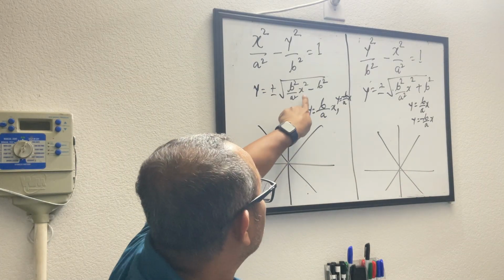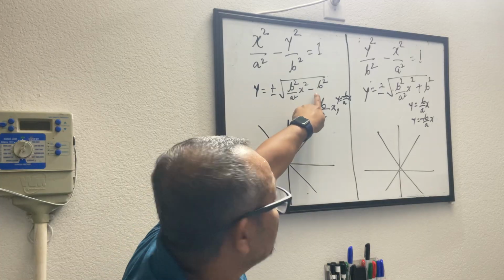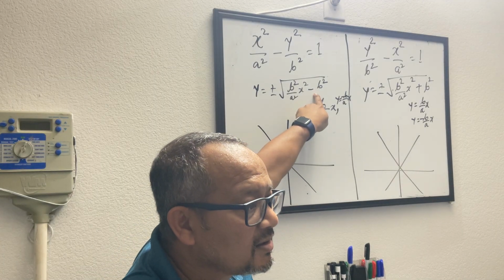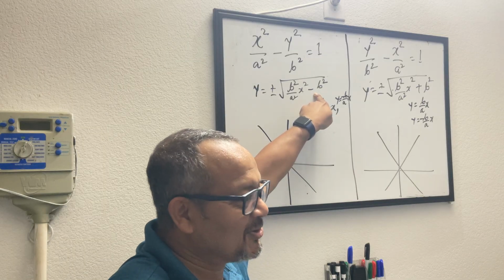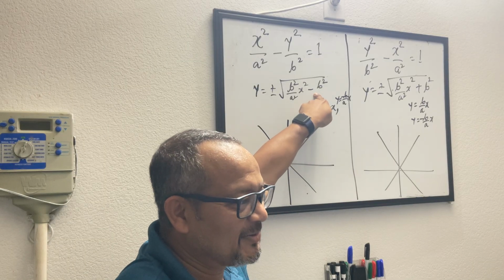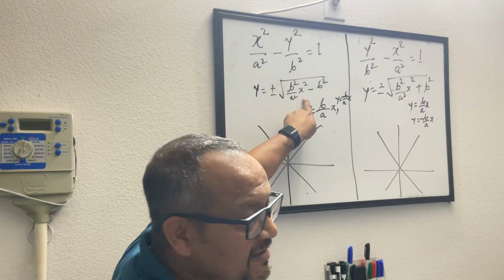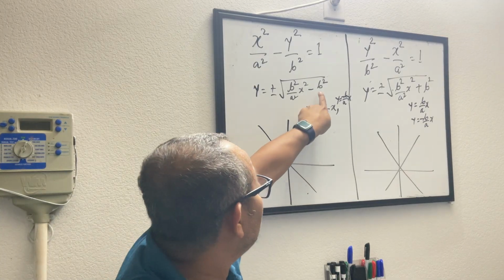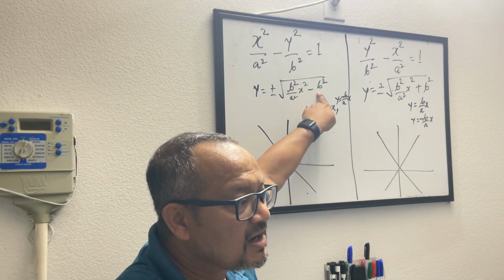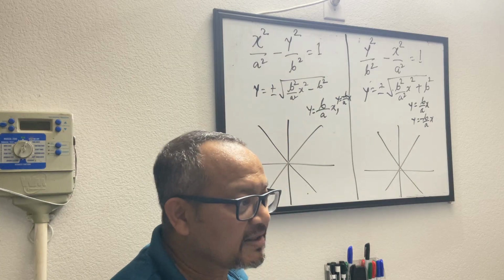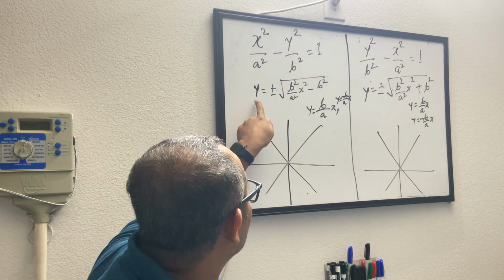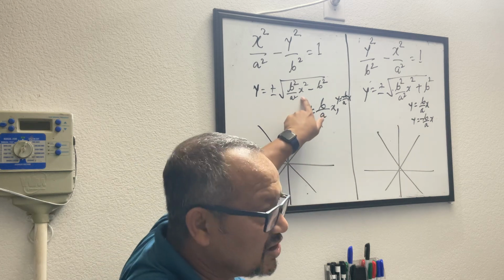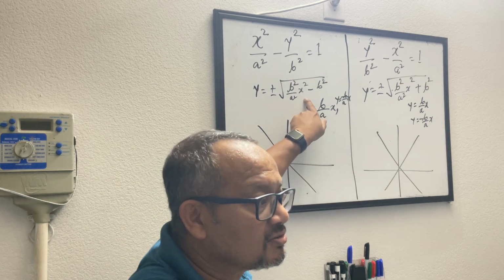If x is 0, then y will be a non-real number. That's what I'm coming to, you are on the money. When x is 0, this becomes the square root of a minus something, and that's an imaginary number. Meaning, when you have this equation, you cannot have x equal to 0.